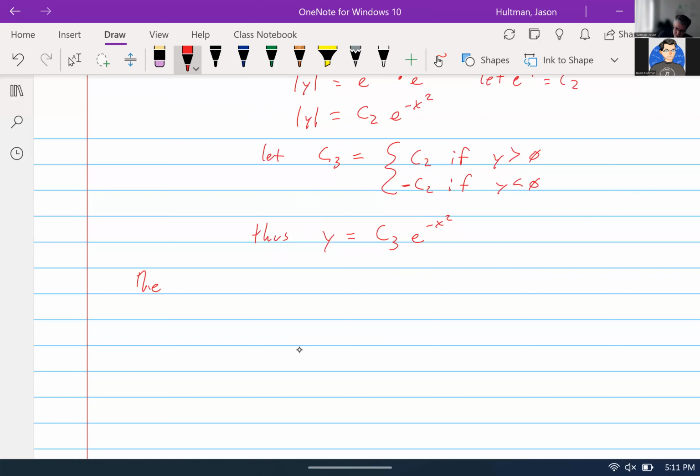Thus, the appropriate sign for C3 will be determined by the initial conditions. Okay, so here's my general solution.